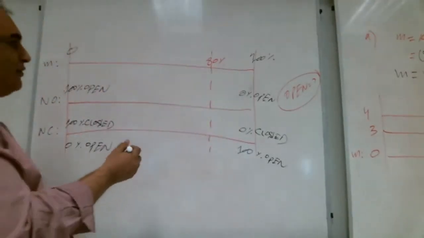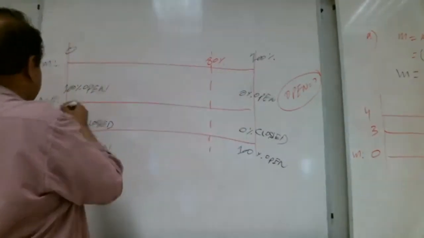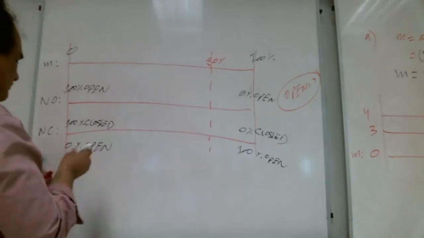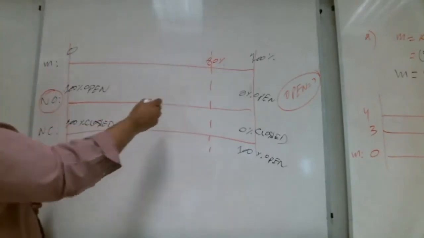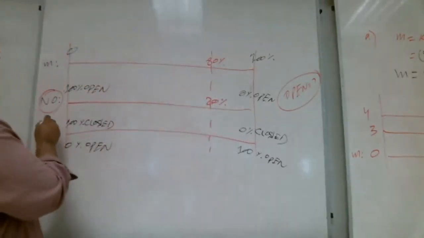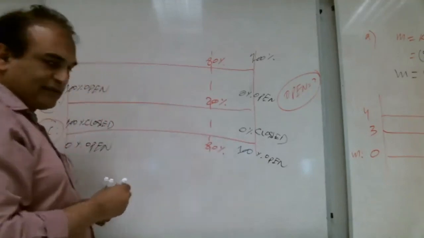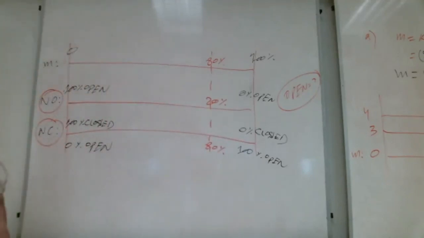So how much open? If it is normally open, how much open? 20%. Very good. If it is normally closed, how much open? 80%. Very good. A lot of brothers are writing the same answer.